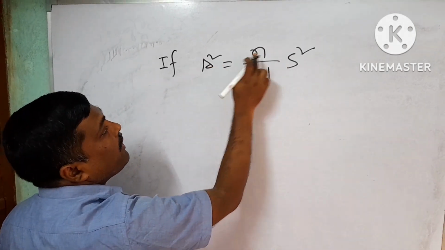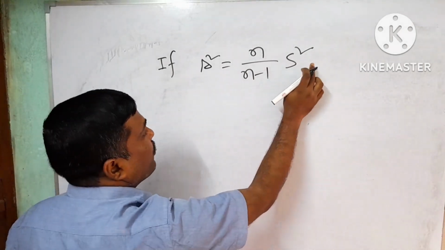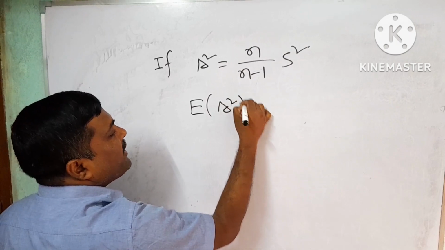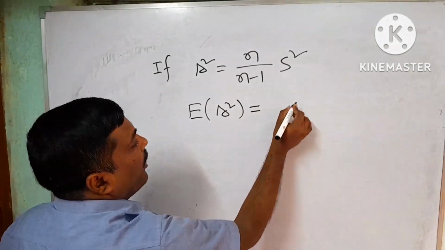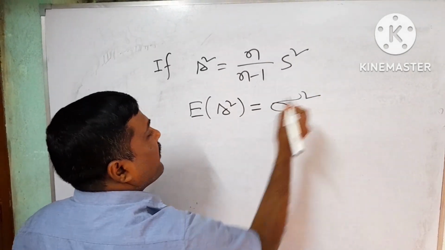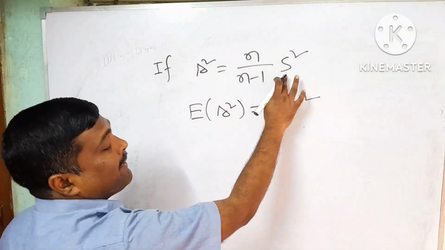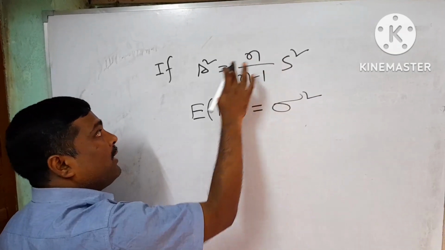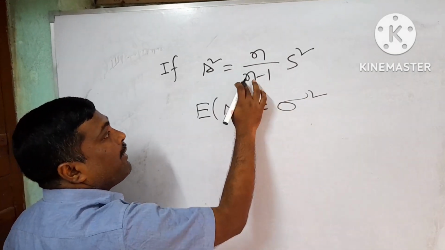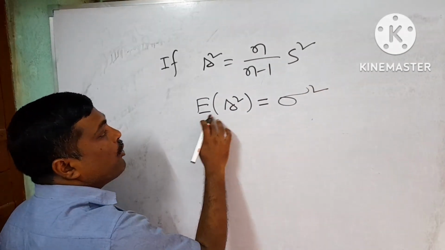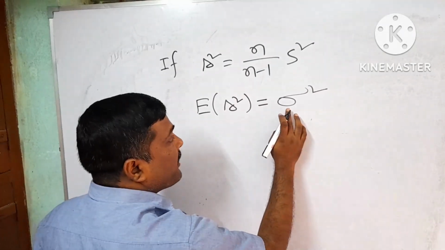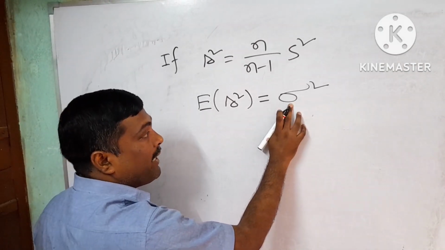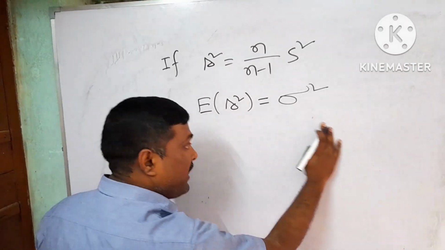If small s square equals n by n minus 1 capital S square, then E of small s square equals sigma square. What is sigma square? Sigma square is the population variance.